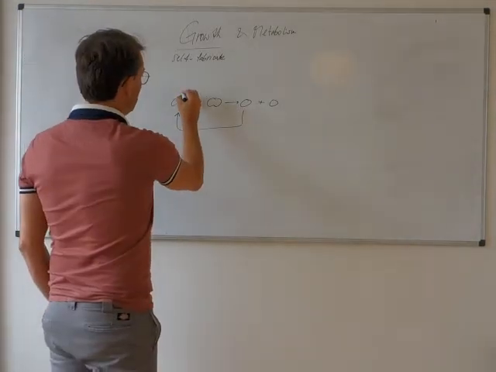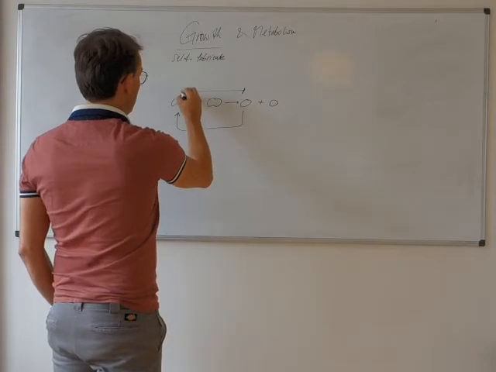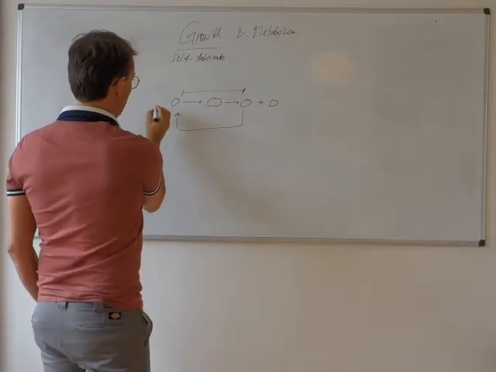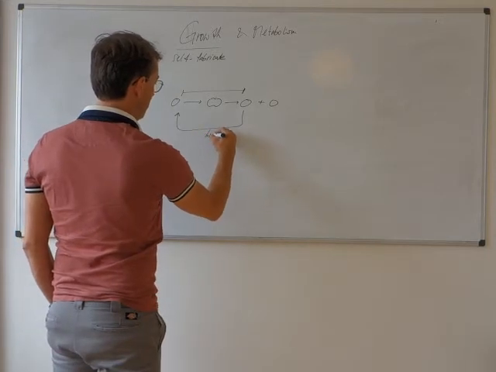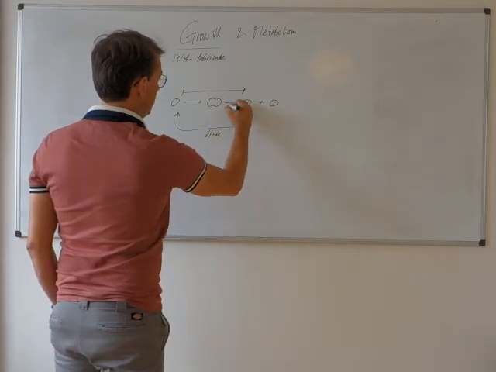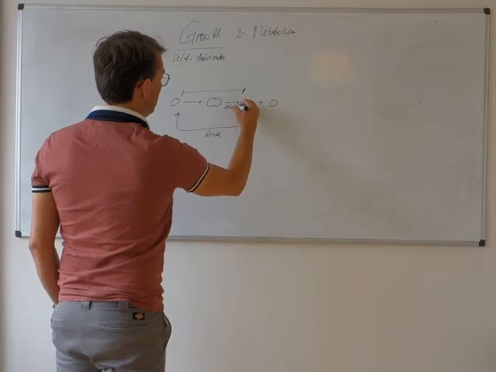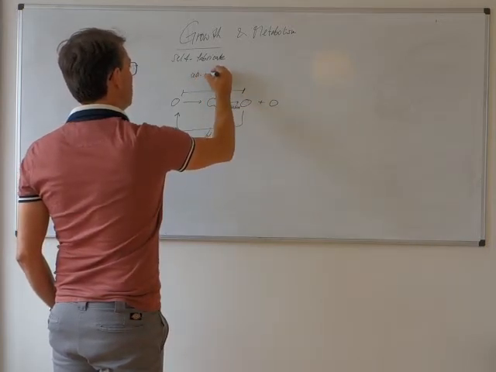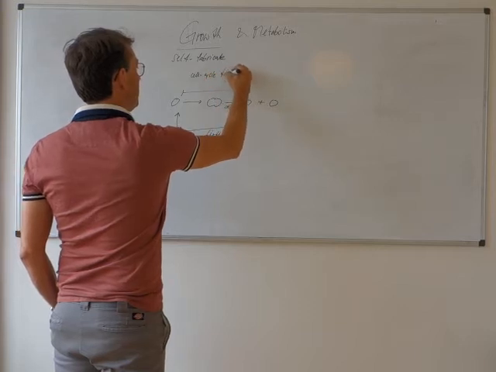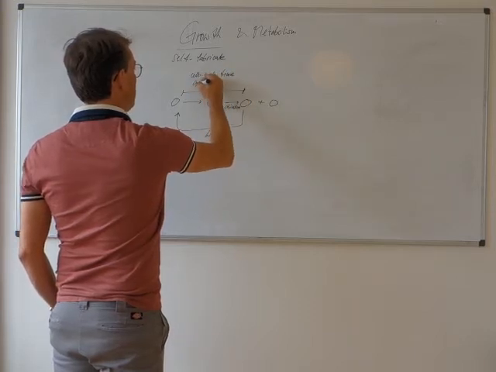Now the time for this entire process, so this is birth to division, is called, for instance, the cell cycle time or the generation time.